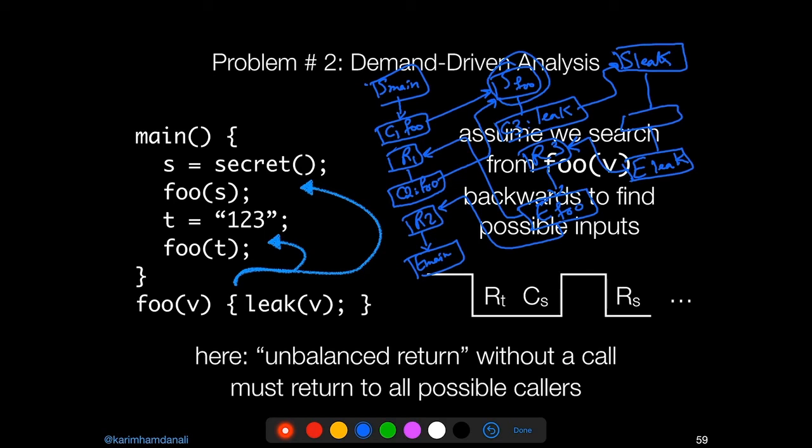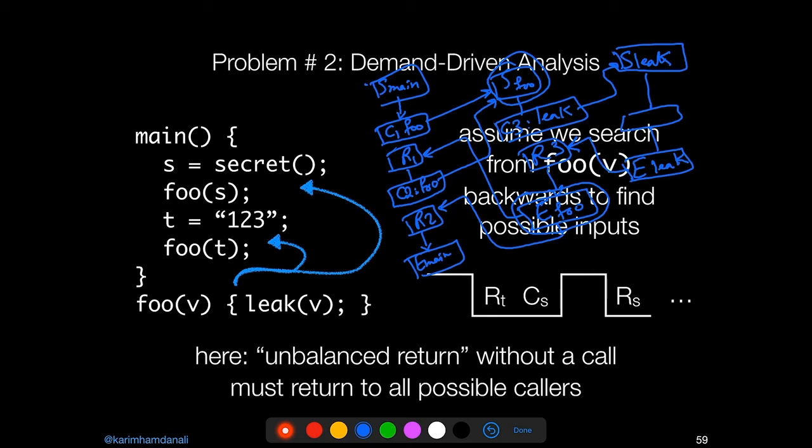So if I'm here at S foo, or even worse, if I'm here at E foo, and I'm starting my backward analysis from there, I don't have enough information on my call stack, and I don't have enough information that tells me where to navigate next in my ICFG.